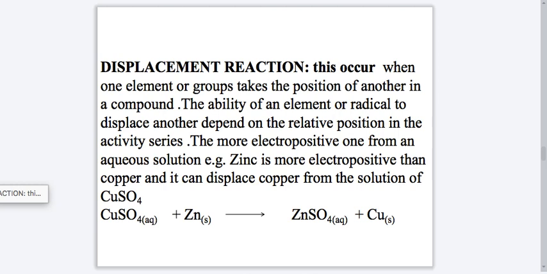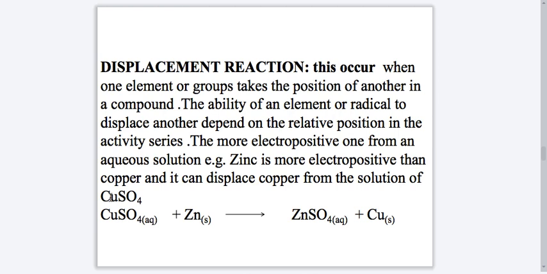An element that can displace another has to be the one that is above the other element in the electrochemical series, or what we refer to as the activity series. Activity series is for metals, while the electrochemical series deals with ions, cations, and anions. Element or radical. What is a radical?